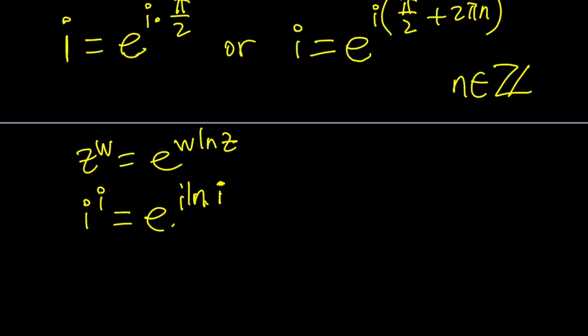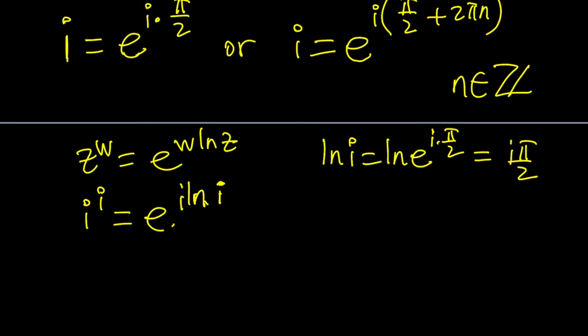Well, here's how we can find it. ln i is the same as ln e to the power i times pi over 2, and that's just going to be i times pi over 2. Make sense? Easy, right? But again, I ignored the multi-valuedness of the function and just wrote the principal one. But you can just go ahead and add multiples of 2 pi.